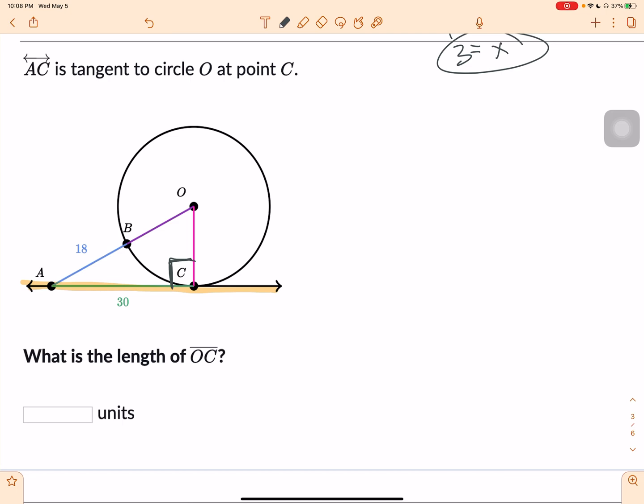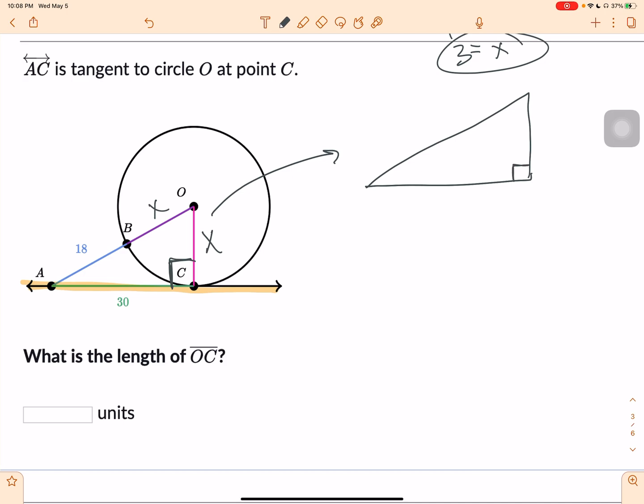So once again, I have a right triangle, and they want to know what is the length of OC. So if we label that as x, we know that OB is also x because those are both radii of the circle. So I can also say that's also x. They're equal, okay? So again, we can redraw this triangle as a right triangle.